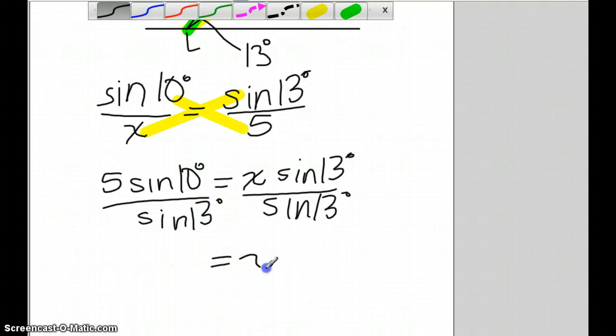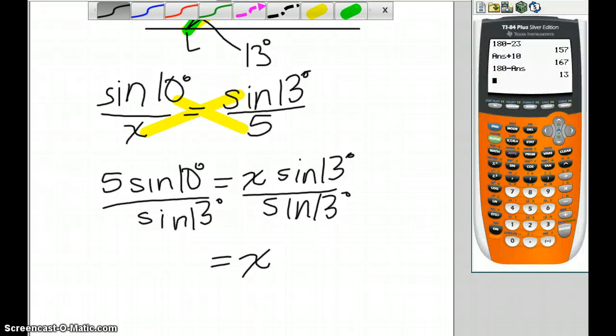So x will equal 5 sine(10), close parentheses, divided by sine(13), close parentheses.